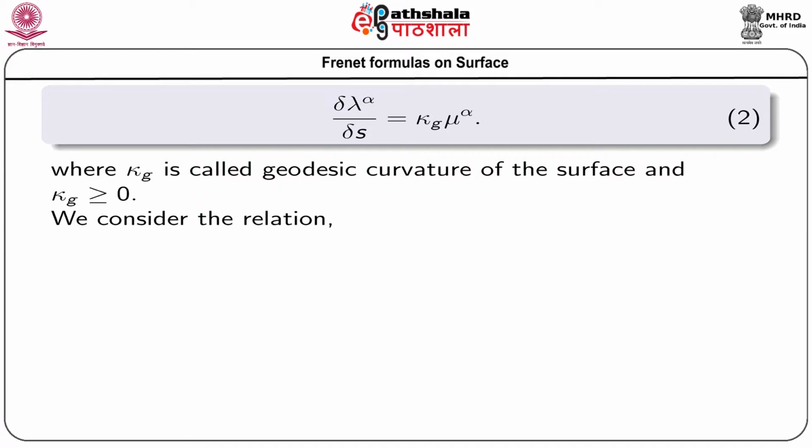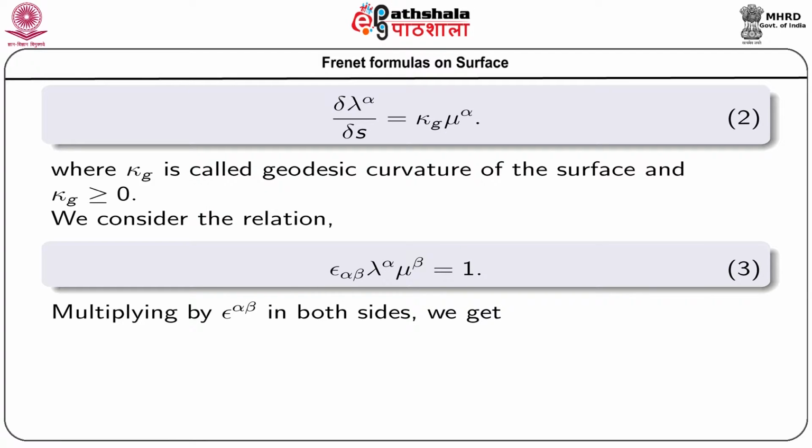Now, we consider the relation epsilon alpha beta lambda alpha mu beta equals 1. This is the orientation kept by epsilon alpha beta for lambda alpha and mu beta.